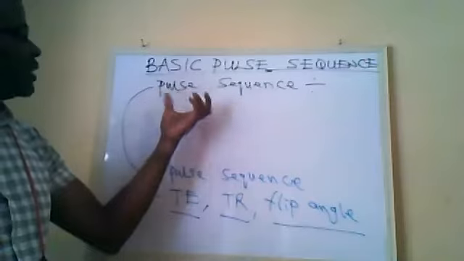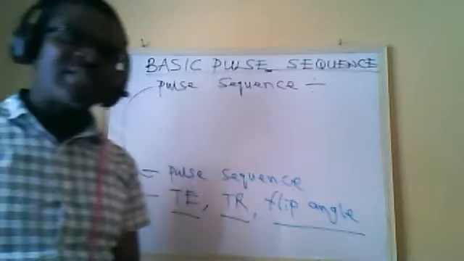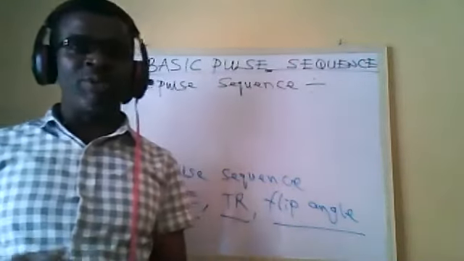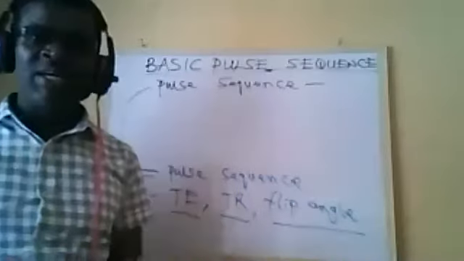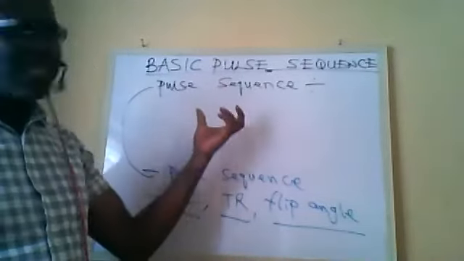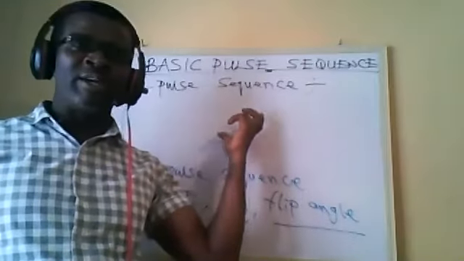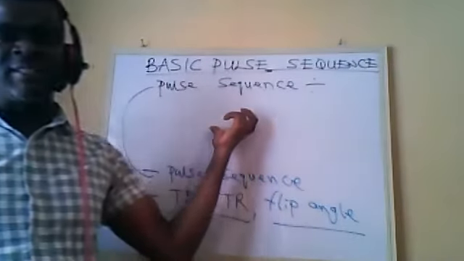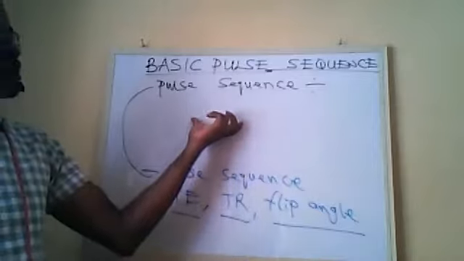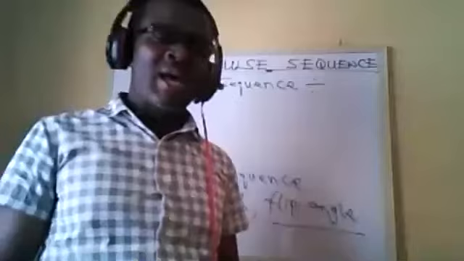Bear in mind that before we have a pulse sequence, it has to be chosen at a point in time that we maximize signal. Because at any point in time, you can actually get a signal from an MRI.